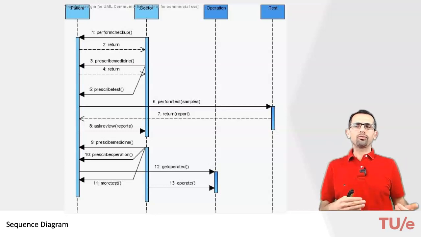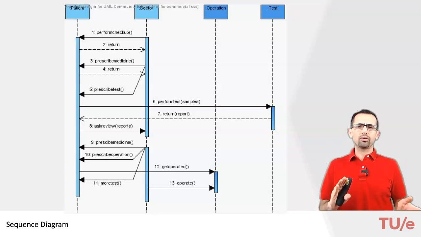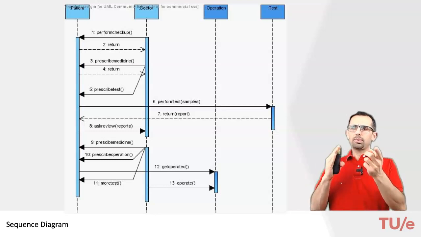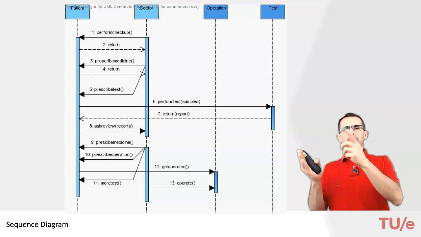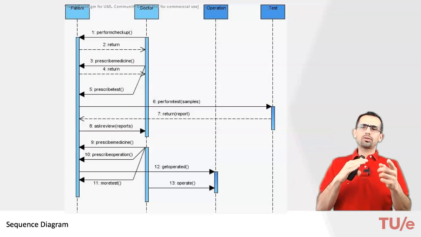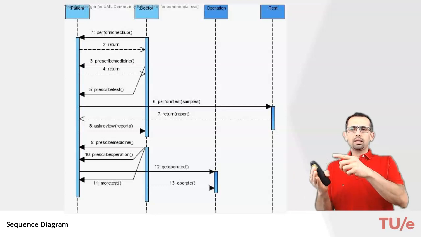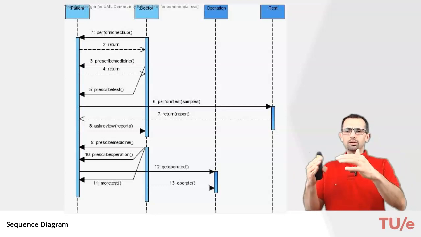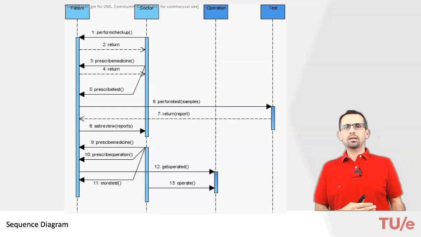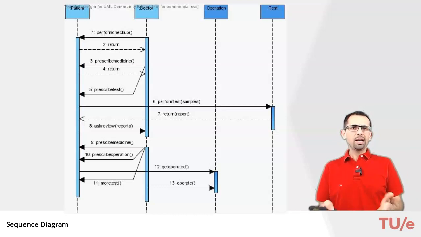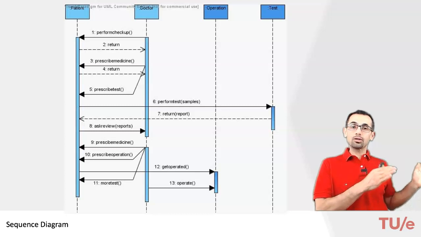It starts with the patient, perform checkup, and the doctor performs a checkup, and then returns prescribed medicine, and prescribe tests, and then the test goes to the test department, and so on. So it's another way of representing the control flow. And again, it's heavily used in the solution domain.